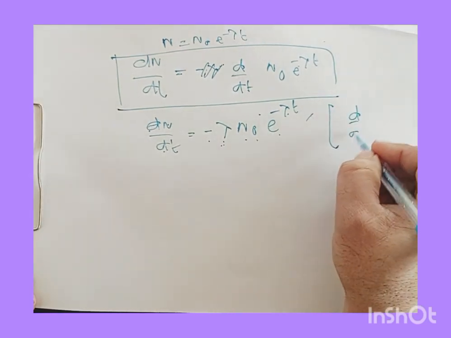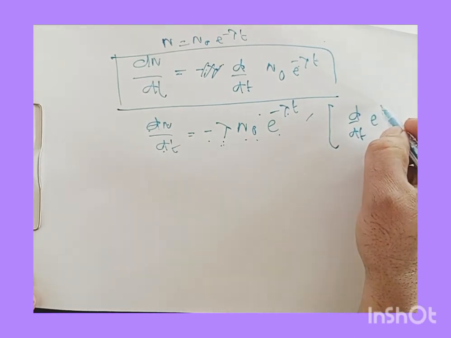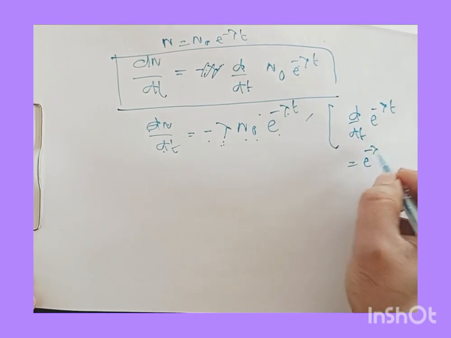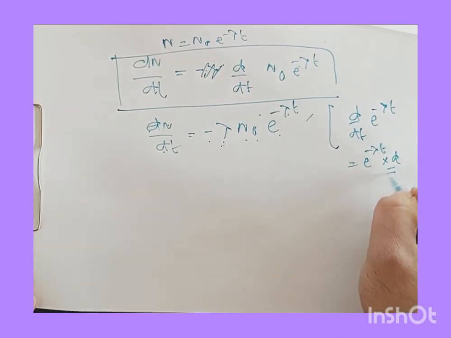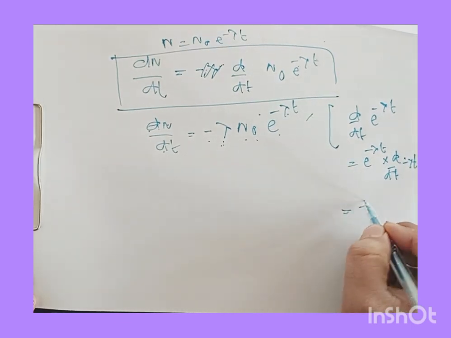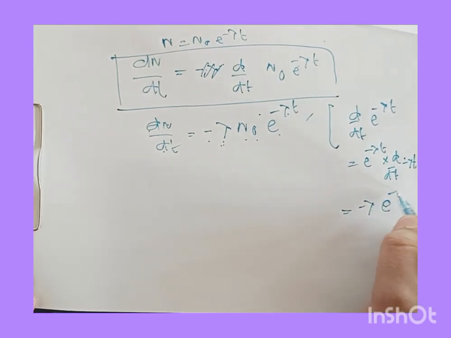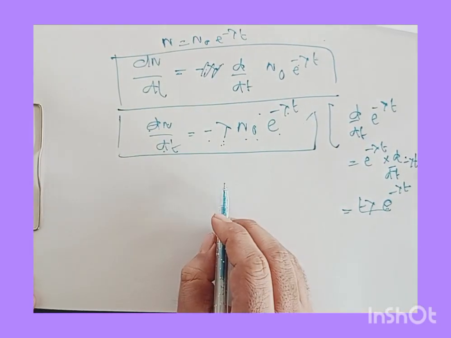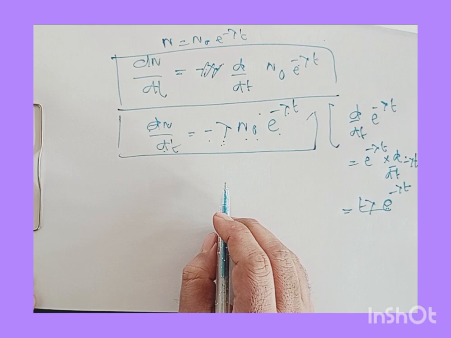This is because d by dt of e to the power of minus lambda t is e to the power of minus lambda t into d by dt of minus lambda t, that is minus lambda e to the power of minus lambda t. So that's what we have achieved here.